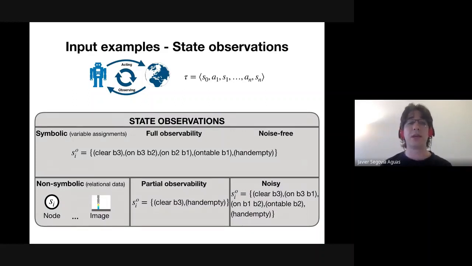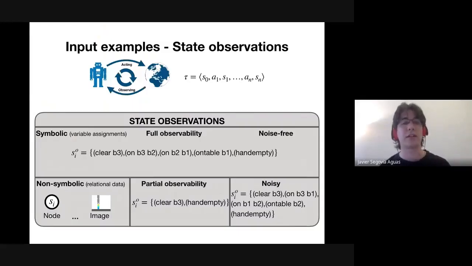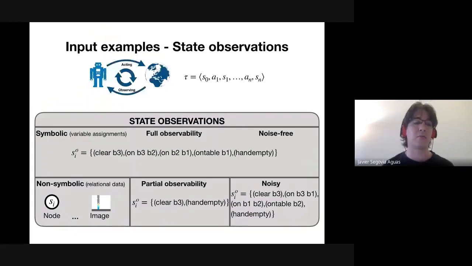State observations may be symbolic, fully observable, and noise-free, which is the perfect case, and will look like this in the problem posed before for blocks, where we have a tower that is sorted from top to down as B3, B2, B1, and the hand is empty. Also, it could be the case that the problem is not specified in PDDL STRIPS, and maybe we use something that is not symbolic and relational data.